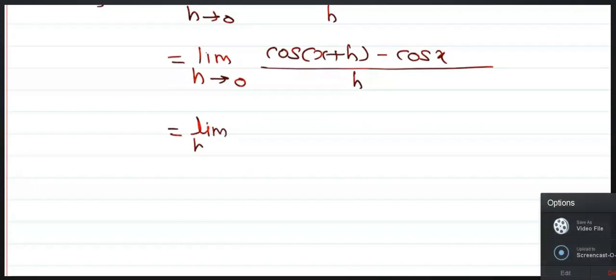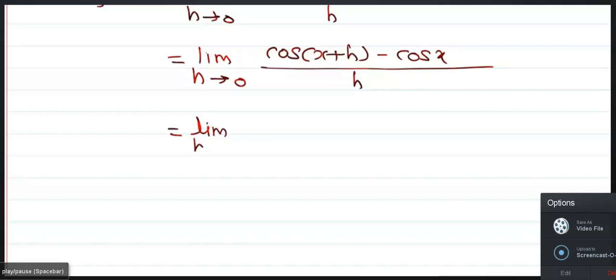That is, cos c minus cos d is equal to. Now here we have the formulas for cos c minus cos d. That is, minus 2 times sin of (c plus d) upon 2 into sine of (c minus d) upon 2.